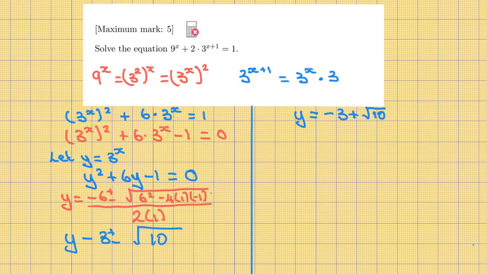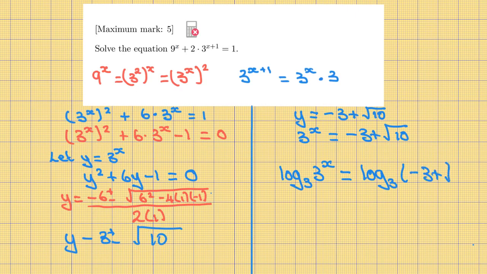Now I'm going to substitute back in for y, so 3 to the power of x is equal to minus 3 plus root 10. I can solve by taking logs of both sides. I'm going to use log base 3, so therefore I've got log base 3 of 3 to the power of x is equal to log to the base 3 of minus 3 plus root 10.